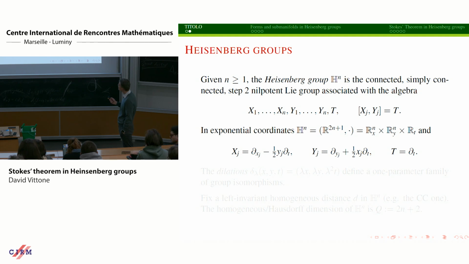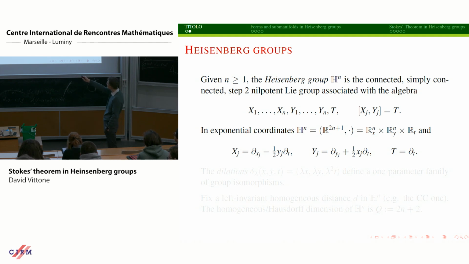Given a number n, from 1 on, the Heisenberg group Hn is the 2n+1 dimensional Lie group, which is connected, simply connected and nilpotent of step 2, associated with this Lie algebra.